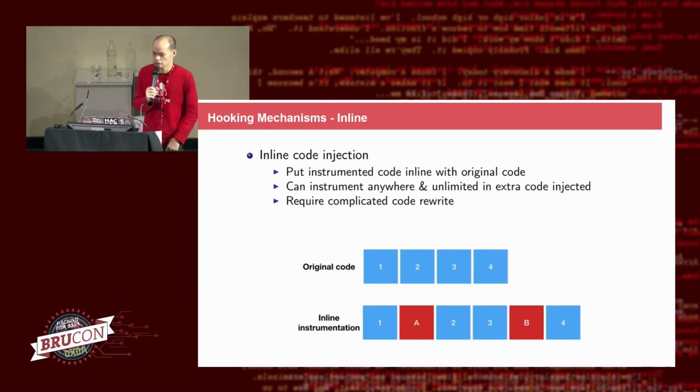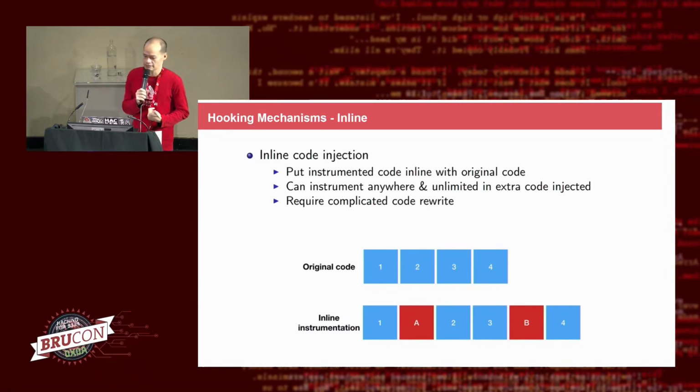Talking about hooking techniques, there are 2 main mechanisms. The first one is inline hooking. So the idea is that we put the instrumentation code inline in the original code. So in this case, we put A and B, our instrumentation code, right after the original code, right? So we run 1 and A, and 2 and 3 and B and 4.